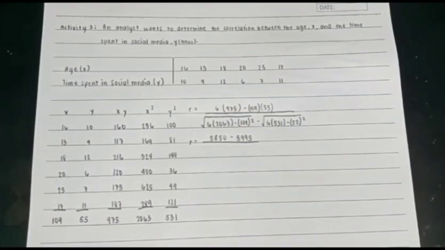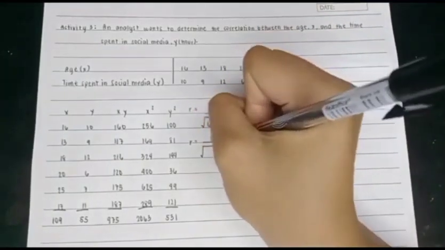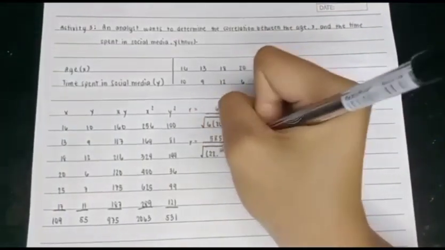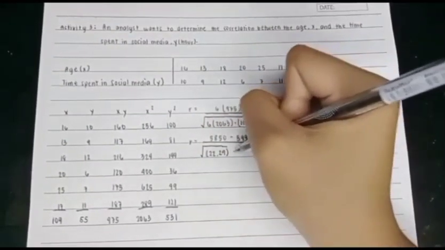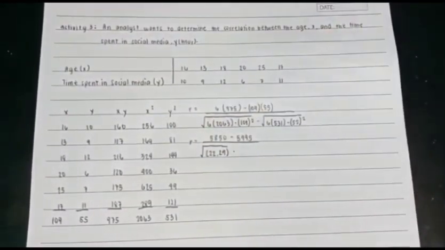So, square root of 6 times 2,063 minus 109 then squared is equal to 22.29. And to the other side, square root of 6 times 531 minus 55, then squared. And the answer is 12.69.